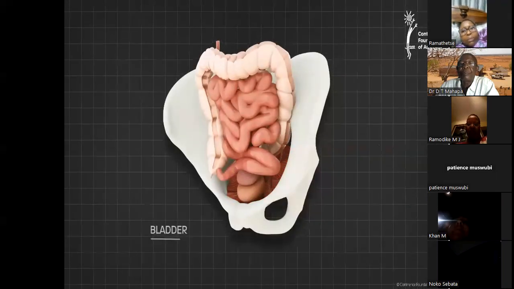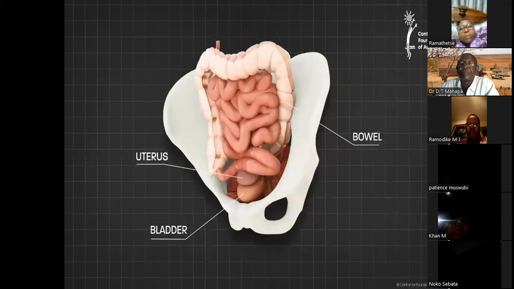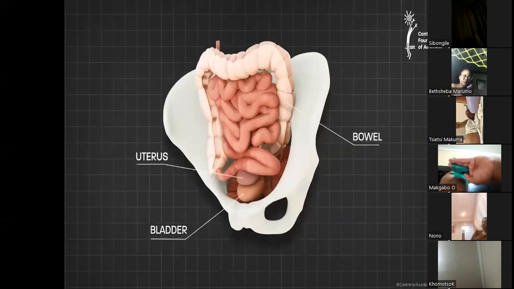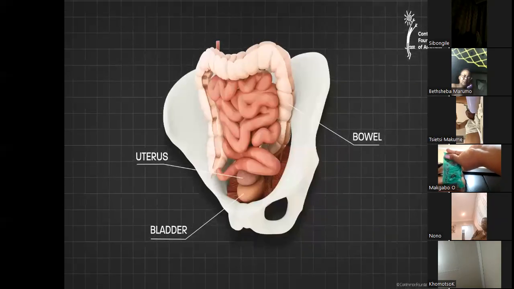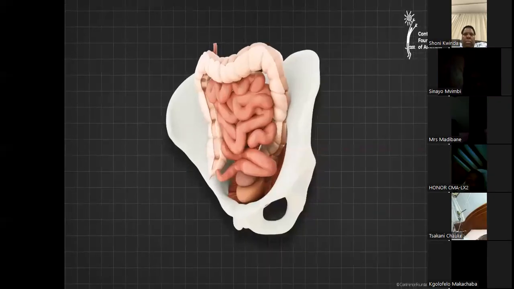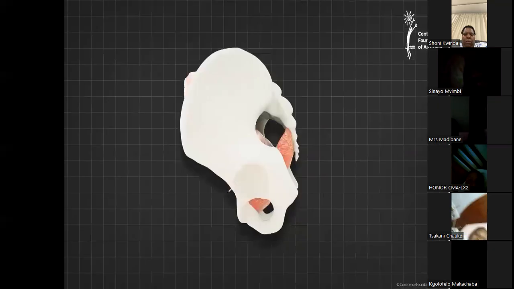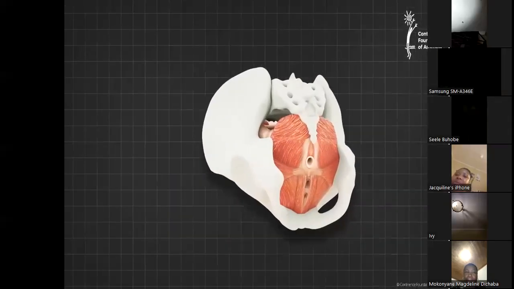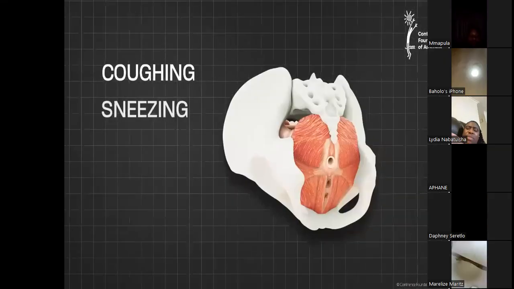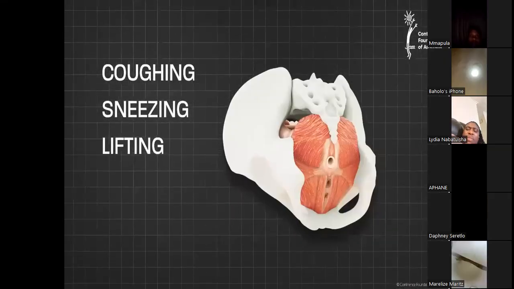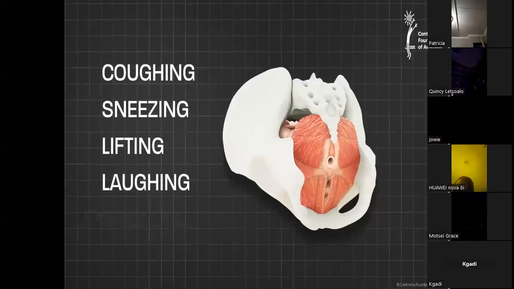They support the bladder, bowel and uterus, and play an important role in bladder and bowel control and sexual function. If your pelvic floor muscles don't work well, you may leak when you do things like coughing, sneezing, lifting, laughing, or exercising.